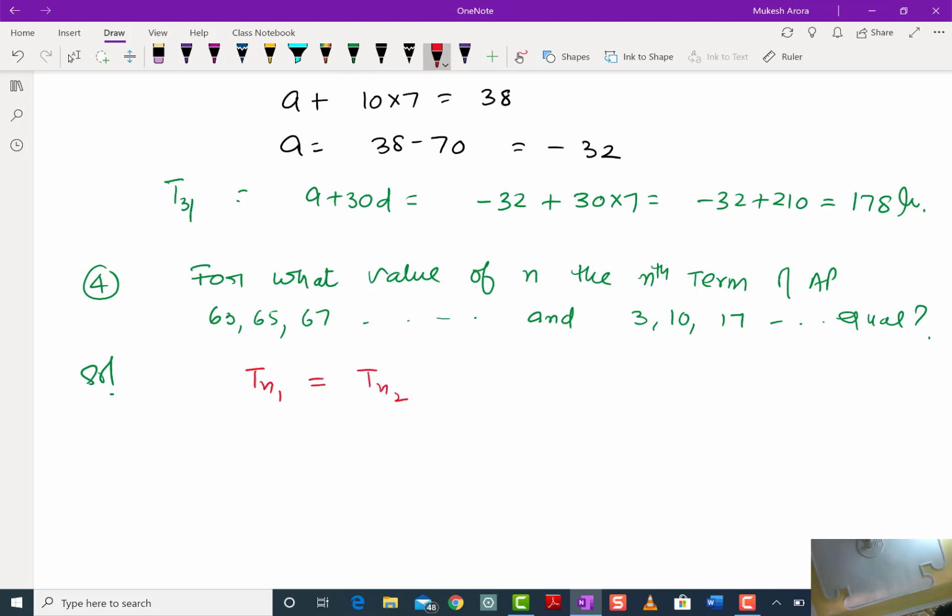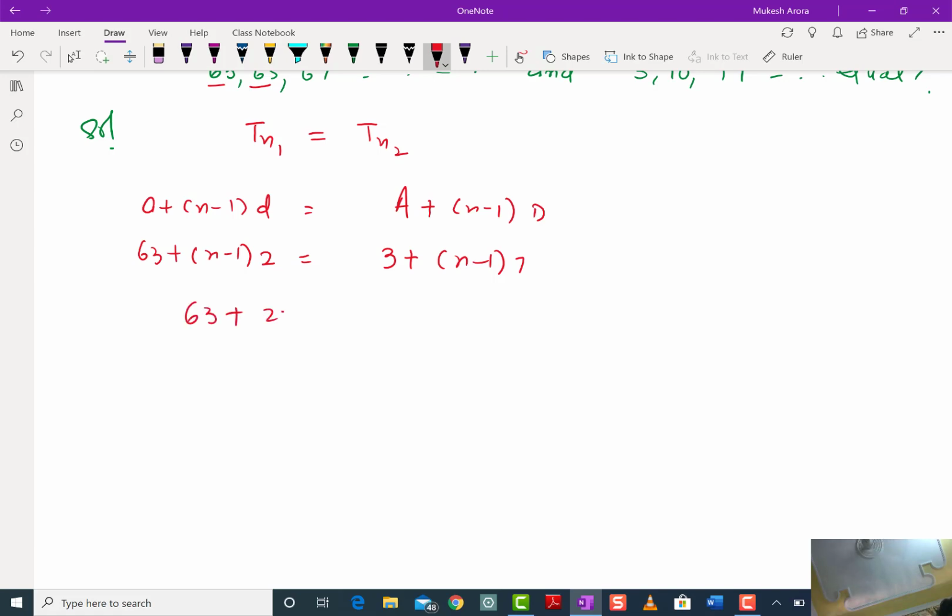The nth term of the first will be a plus n minus 1 d, which is equal to a plus n minus 1 d of the second, because n is the same value. In the first, a is 63, plus n minus 1 times d, which is 65 minus 63, 2. Here a is 3, plus n minus 1 times d, which is 10 minus 7.